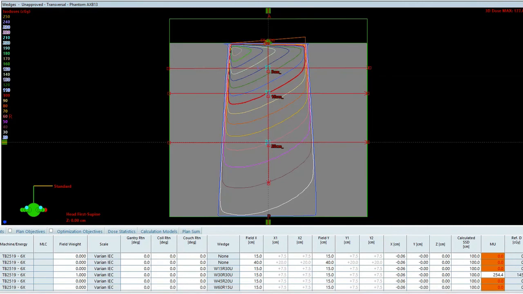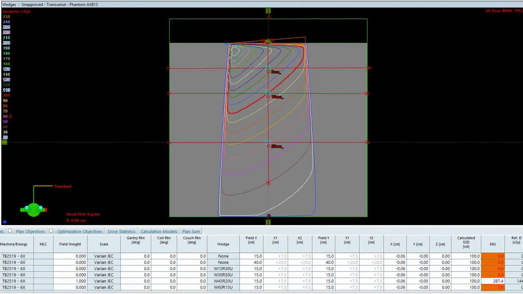If I take a 30 wedge and do a similar thing, okay, 29 degrees. If I do a 45 degree wedge, use an angle tool, I apologize for the delay, 44.3 degrees.